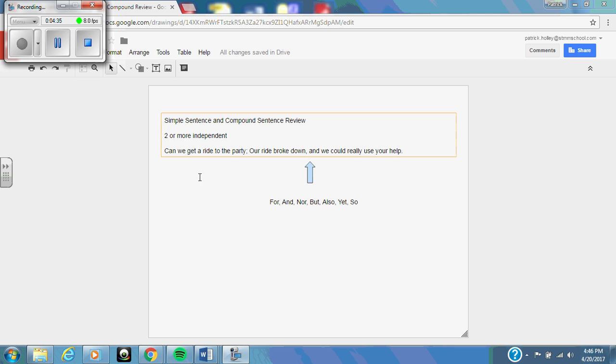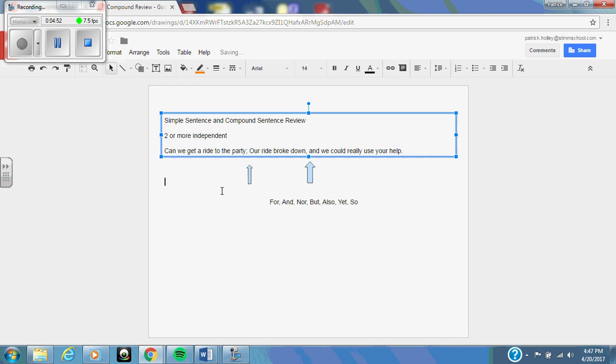The second most common way that we combine independent clauses is with a semicolon. A semicolon is a piece of punctuation that is used to combine independent clauses most of the time. There's one other way that you can use it, but generally we don't run into that way.